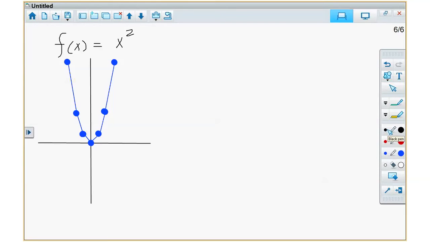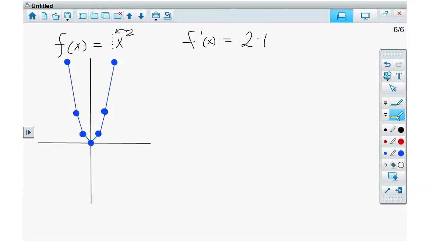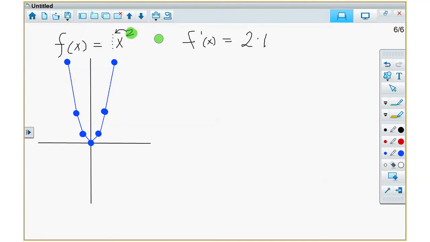Now, if we take the derivative of this function, that would be f prime of x is equal to, and this is the way you do it. You bring the 2 out front and multiply by the coefficient. Well, what's the coefficient of x? 1. So 2 times 1. I'm going to take my handy dandy highlighter and highlight that 2, and that 2 right there.